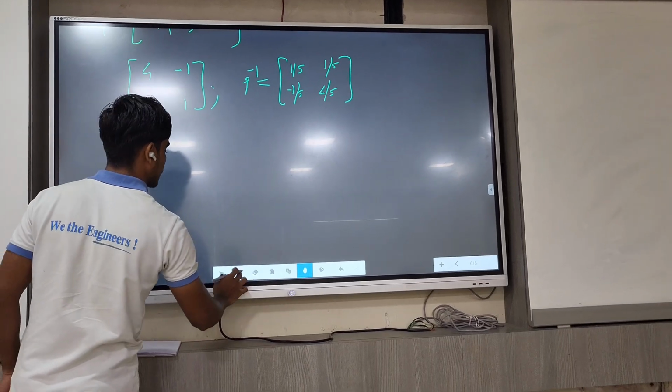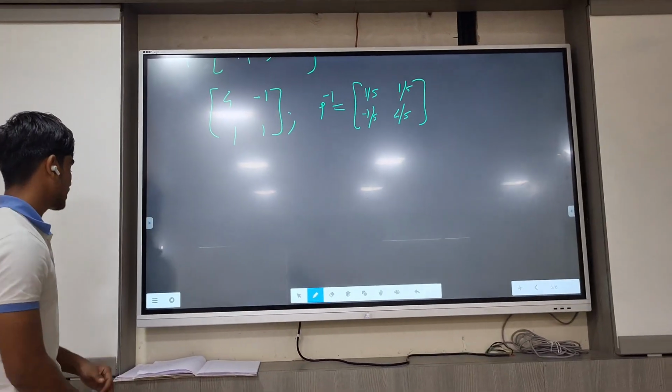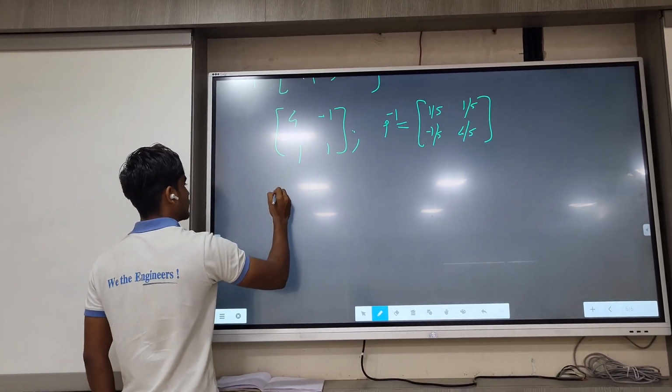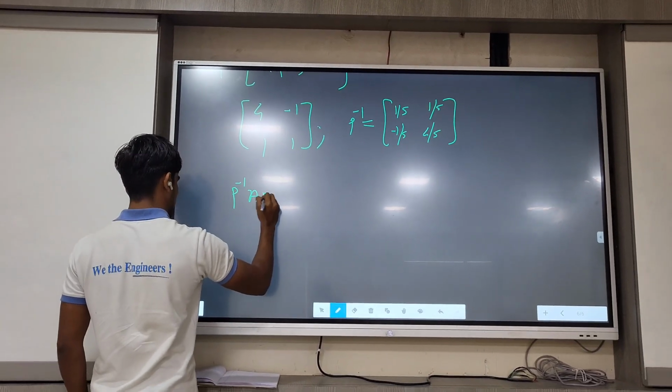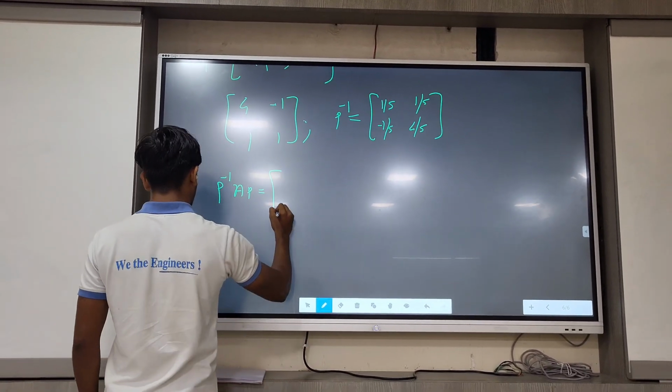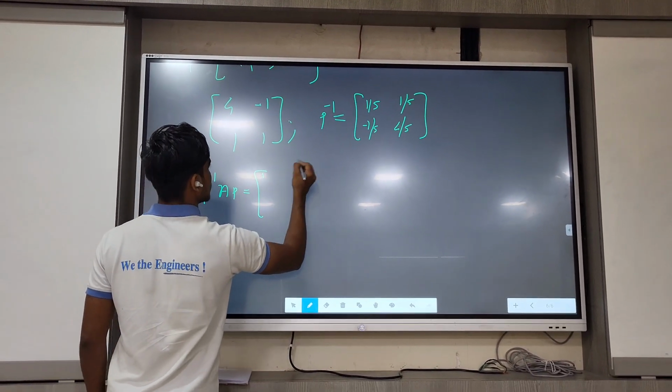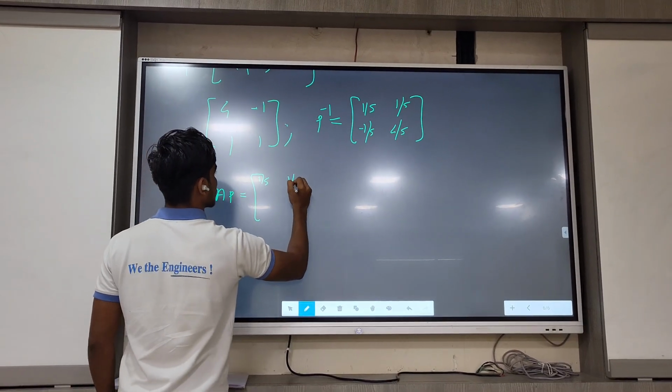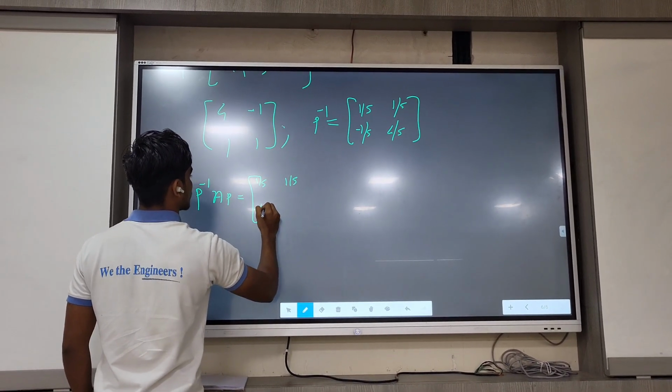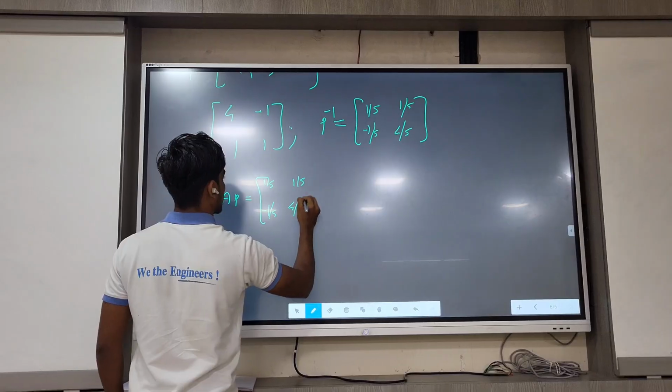So we have P right now and P inverse, and then we have to compute P inverse A P.